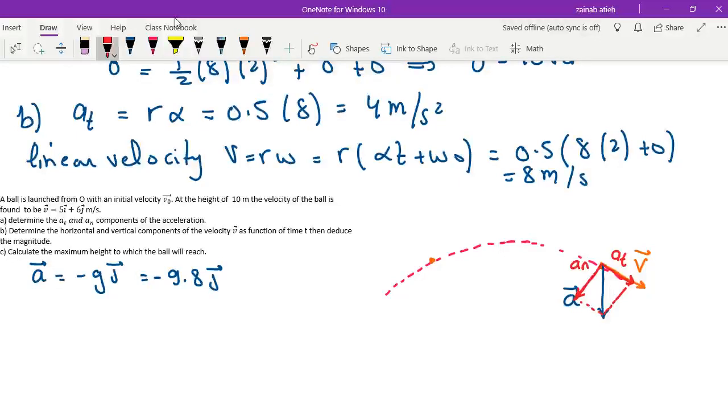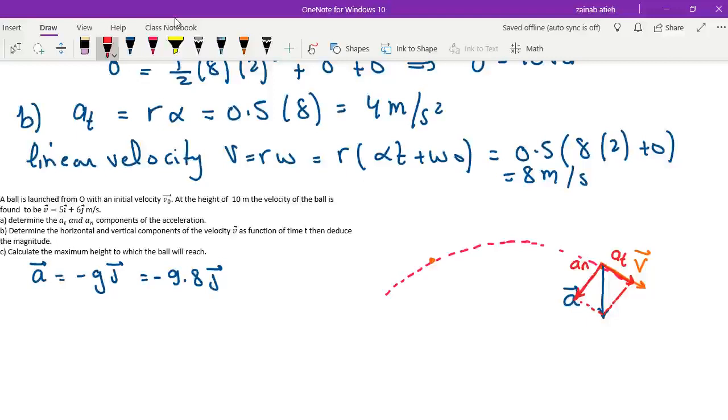So the acceleration can be divided into two components, AT and AN. The A vector is constant, but these two components vary depending on the position of the particle on the trajectory, because simply UT and UN vary with direction. So the decomposition of A into AT and AN will also vary.